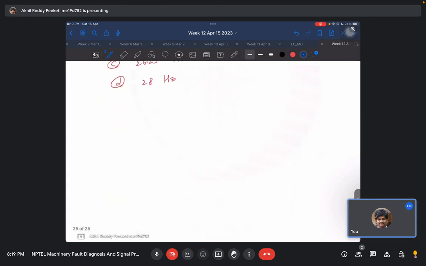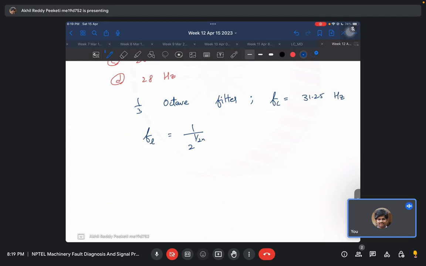So given a 1 by 3 octave filter and the center frequency as 31.25 Hz, the lower frequency usually is 2 power minus 1 by 2n into Fc, the center frequency, and F upper is 2 power 1 by 2n into Fc.